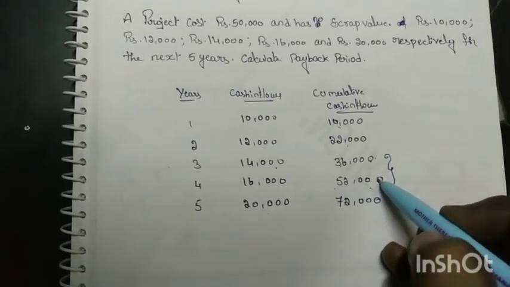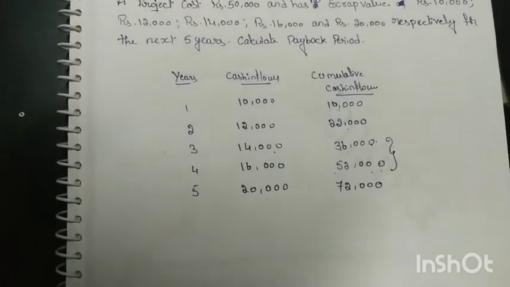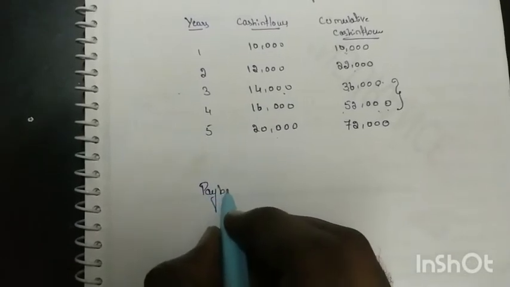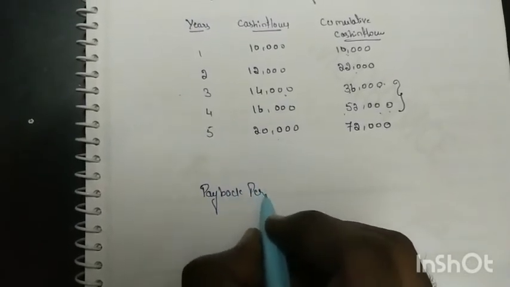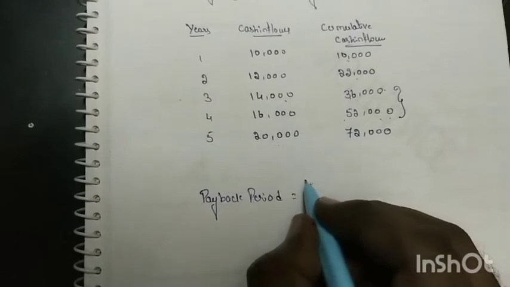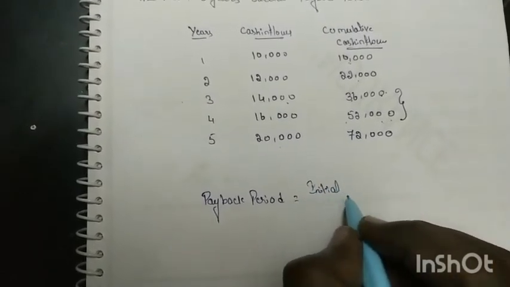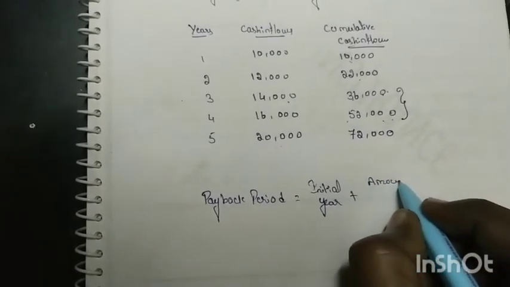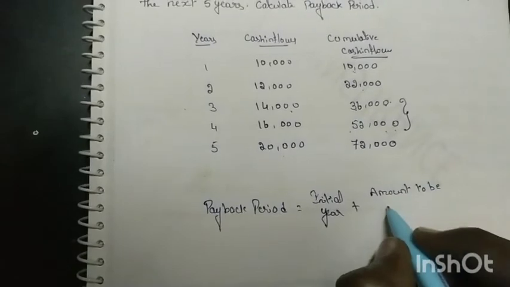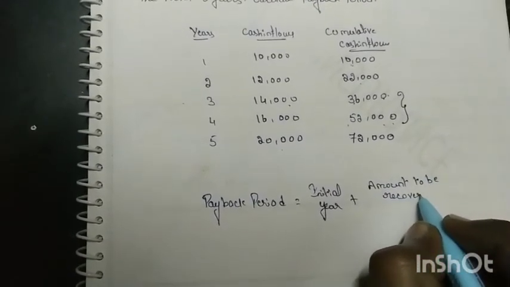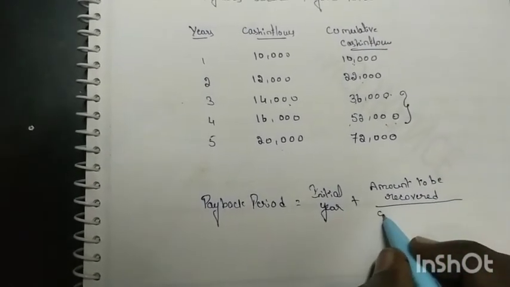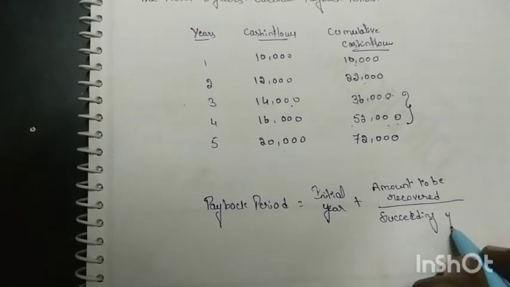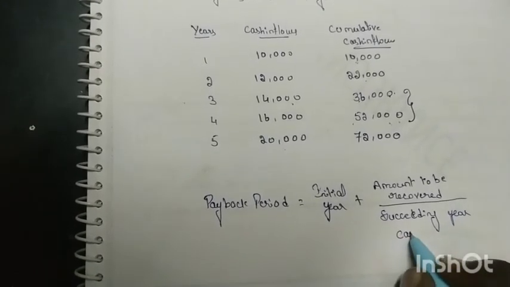Now here, in case of uneven cash flows, the formula for calculating payback period is: payback period equals initial year plus amount to be recovered divided by succeeding year cash inflow.